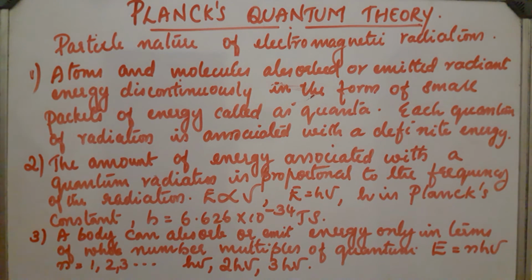A body can emit or absorb energy equal to h nu, 2h nu, 3h nu, etc. This n will never become a fractional value. That is, fractional emission or absorption by a body will not take place. So n will always be a whole number.